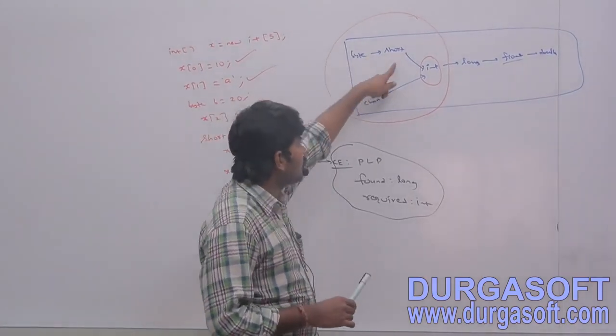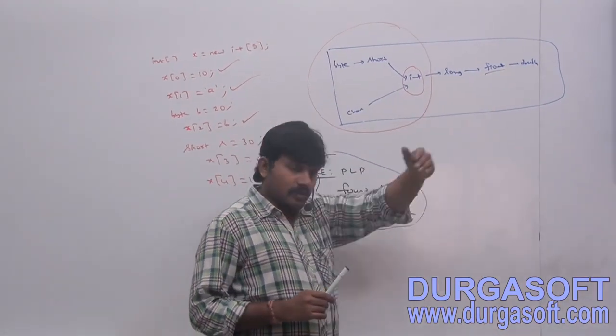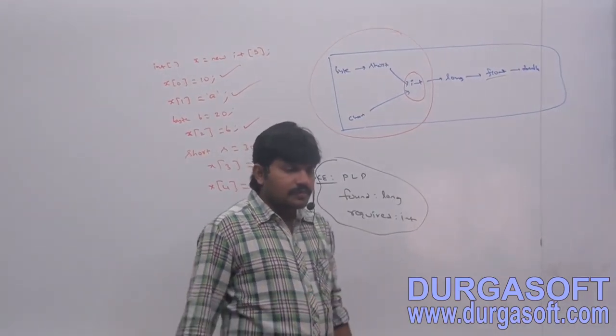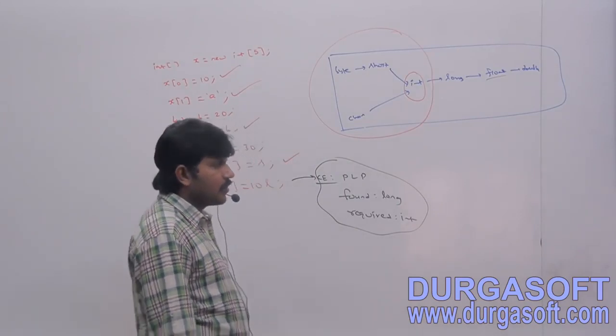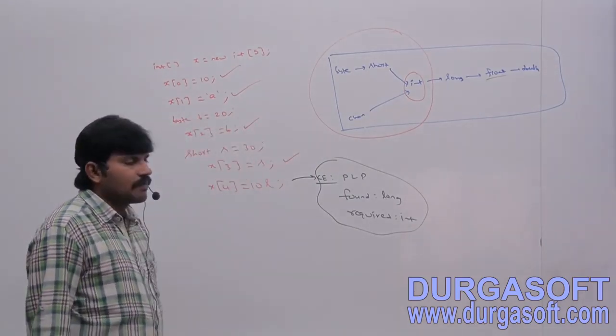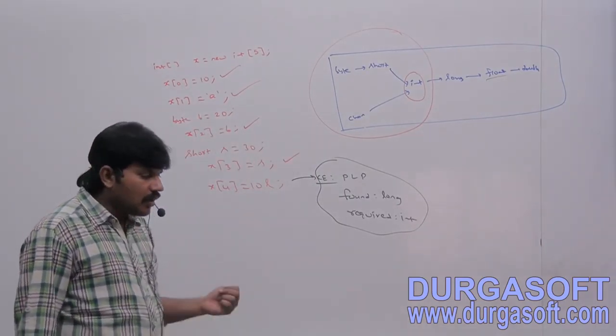Byte, short, char, int, long, float. Add one by one. As array elements we can provide, the allowed data types are byte, short, char, int, long, float.